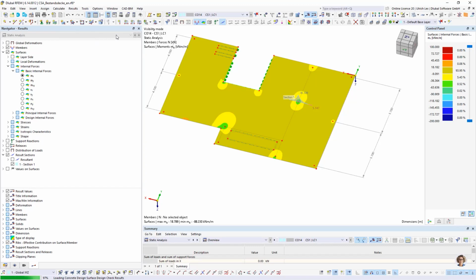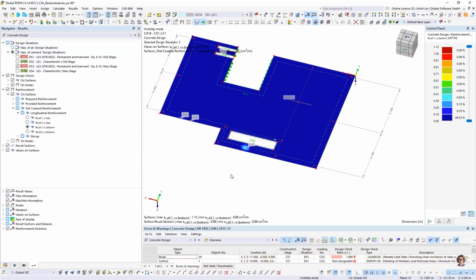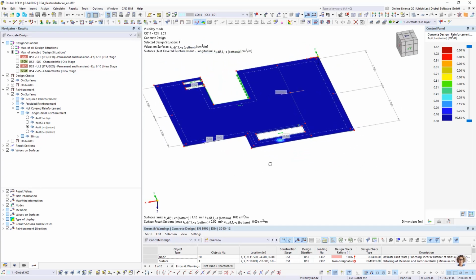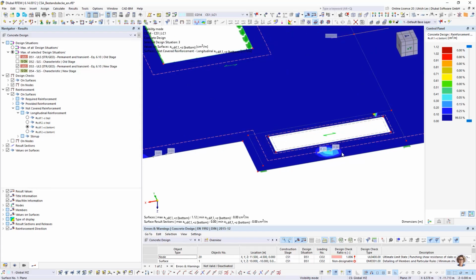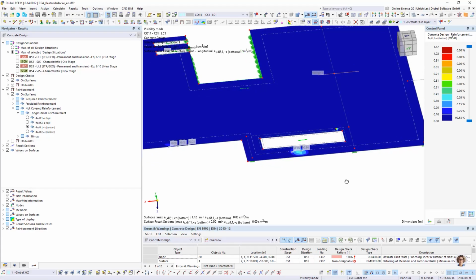And now we see that my not covered reinforcement is nearly enough, or my reinforcement is nearly enough. What has happened?